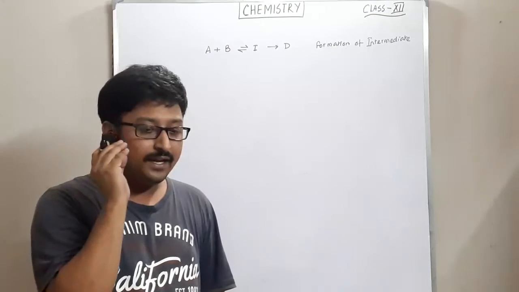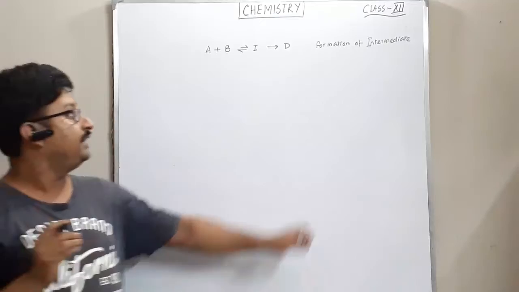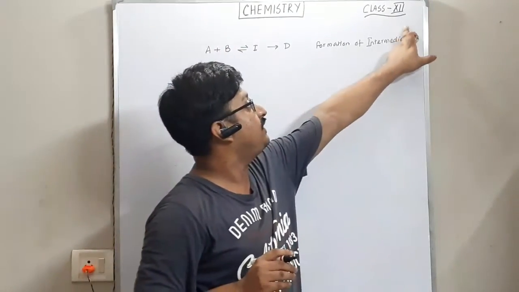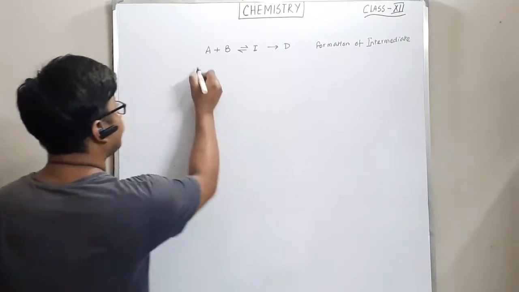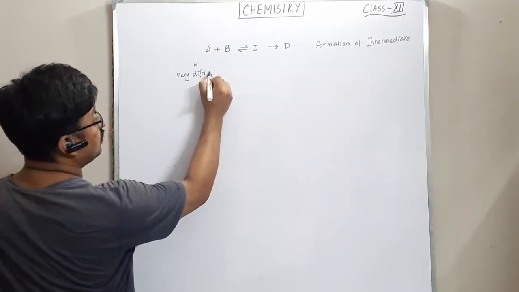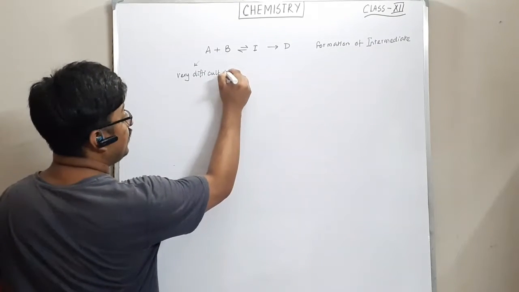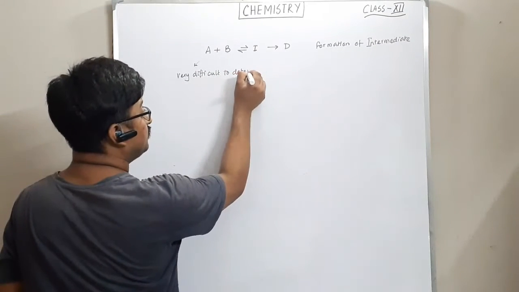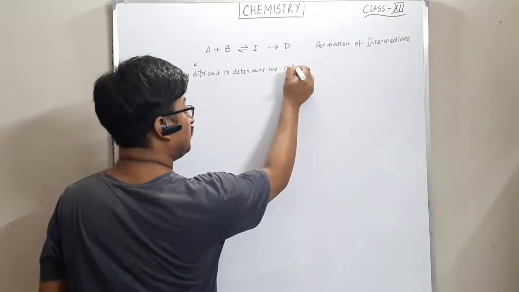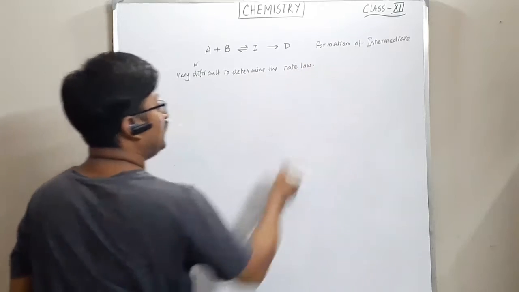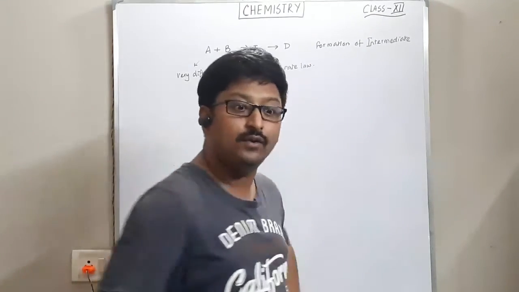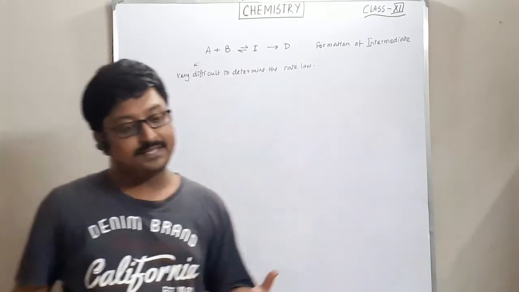Now, when I say intermediate, determining the rate law for this kind of reaction is very difficult. Then what do we do?